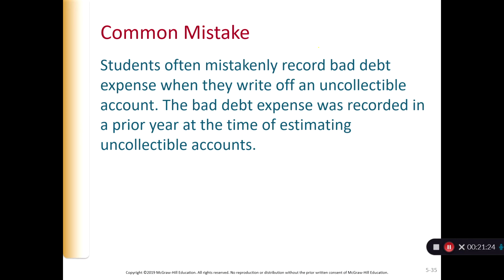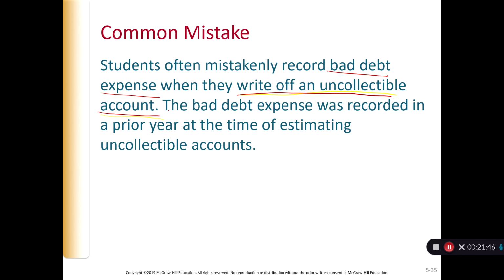Students mistakenly record the bad debt expense when they write off the uncollectible accounts. It's understandable because normally people say, oh, bad things happen now, then I record it, right? You write off the uncollectible amount and record the bad debt expense when you really see David cannot pay.